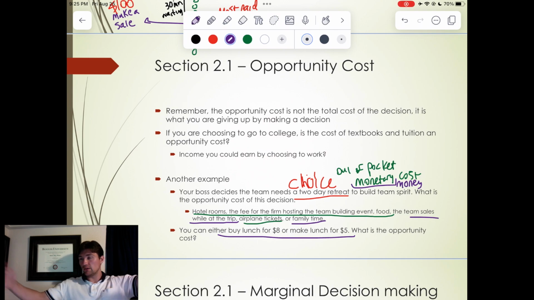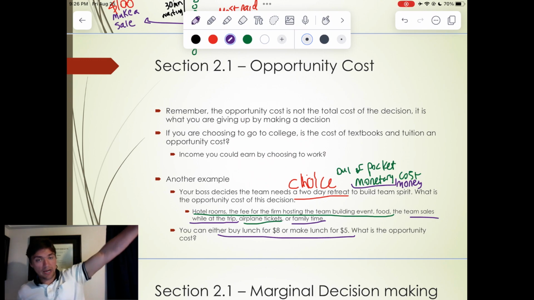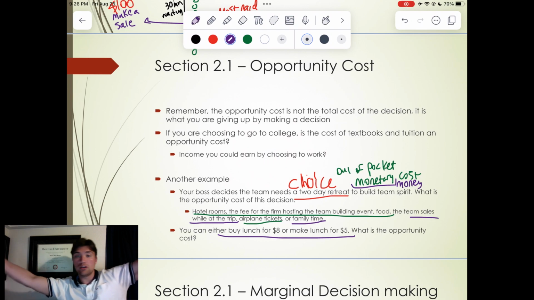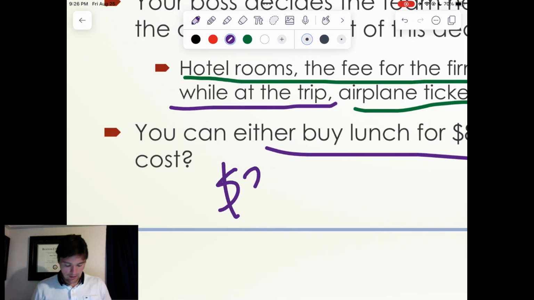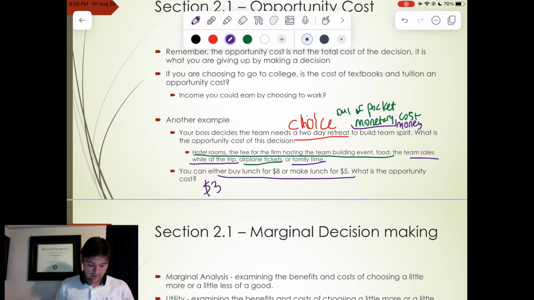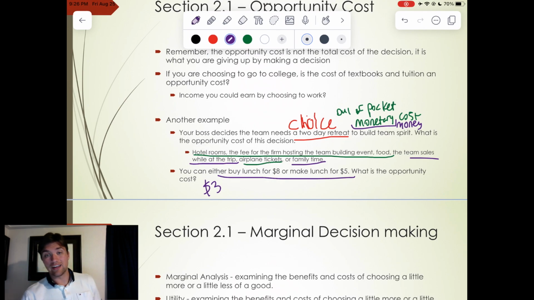You're giving up the extra $3, because either way, you are spending $5 for lunch. We know that. But because you're choosing to buy lunch, what you are giving up extra for lunch is $3. So that's all about opportunity cost there, and that is how we look at it on a graph.